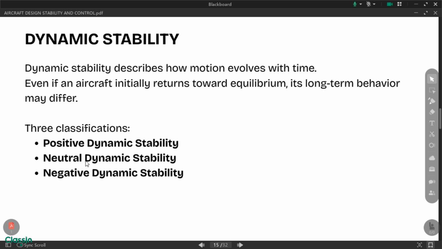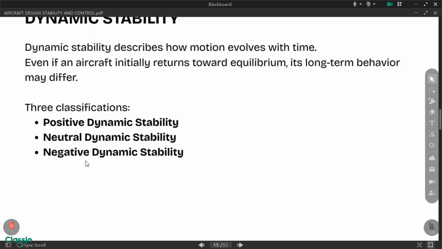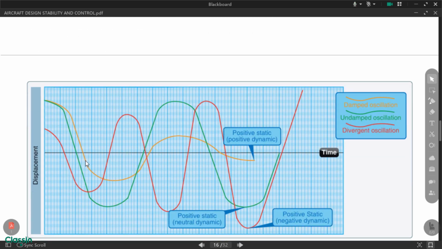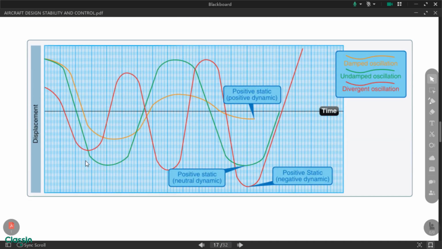If yung oscillation natin, it becomes smaller and eventually disappears back into the equilibrium, yung aircraft natin, it has a positive dynamic stability. If yung oscillation natin remains constant, yung aircraft natin, it exhibits neutral dynamic stability. And if yung oscillations natin, they become larger, yung aircraft natin would have a negative dynamic stability.